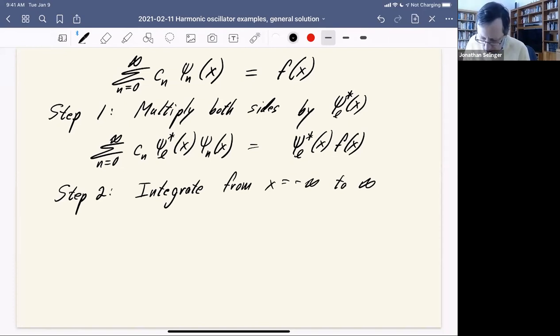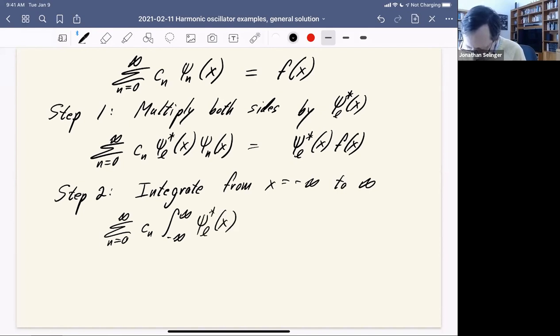On the left side, I have a sum from n equals 0 to infinity of Cn integral minus infinity to infinity psi L star of x psi n of x dx.